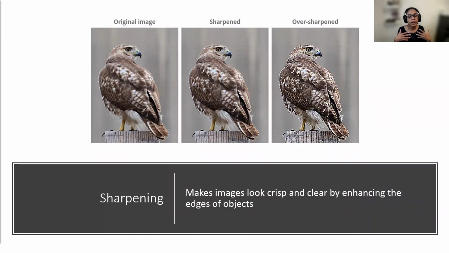Whenever an image is not as clear as you'd like it to be, sharpening can help make that image look crisp by enhancing the edges of the objects in the image. However, adding too much sharpness, as with all things, can actually make the image look worse or lead to a loss in image detail.